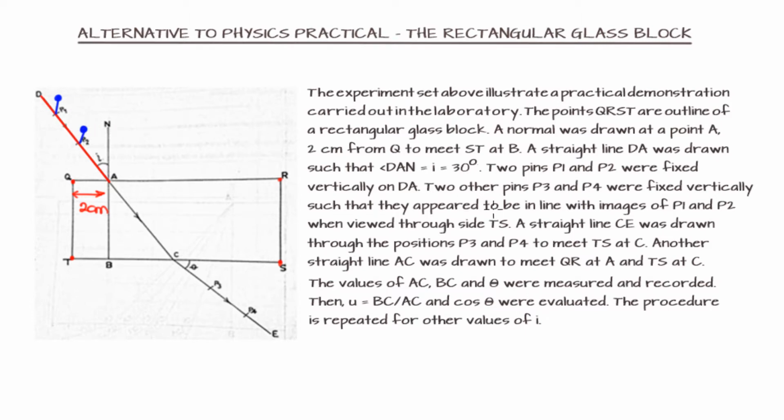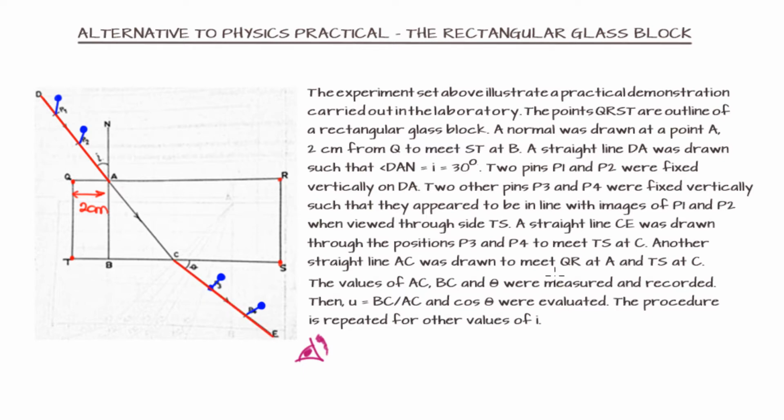So when those pins are located on the straight line, inclined at an angle to the normal, and we look at the other end of the rectangular glass block, we are going to see the image of those 2 pins. The aim is that another pin P3 and P4 will be placed on the paper on which we place the rectangular glass block in such a way that everything will appear as if they are in a straight line.